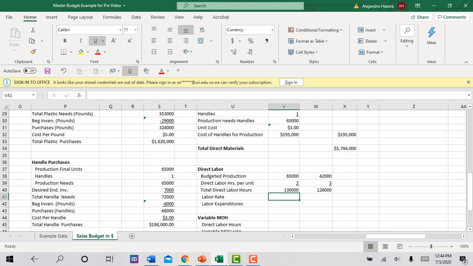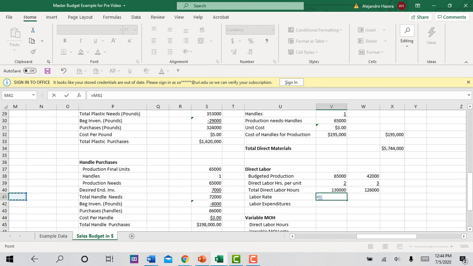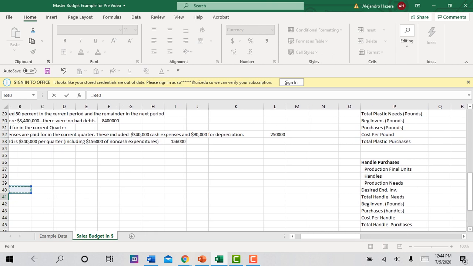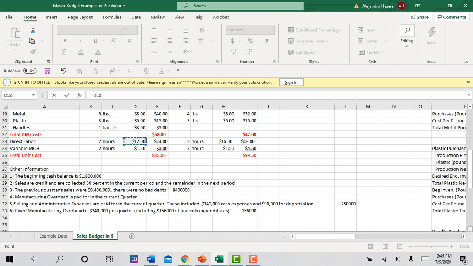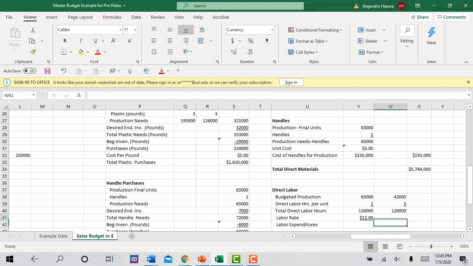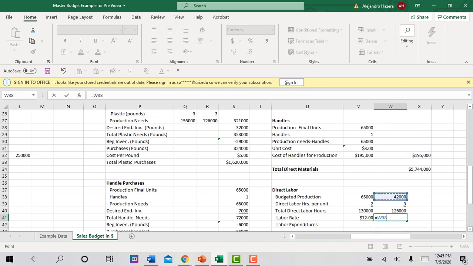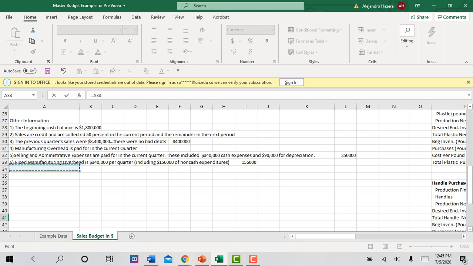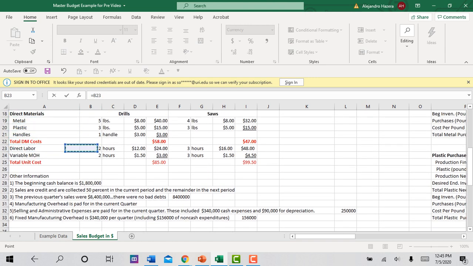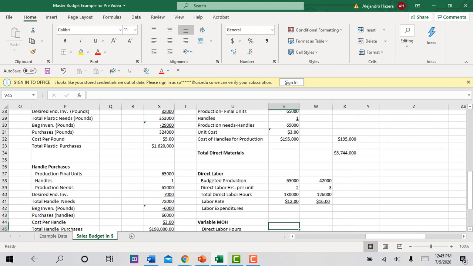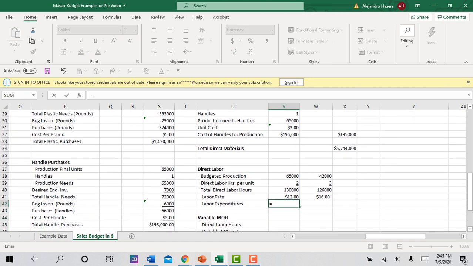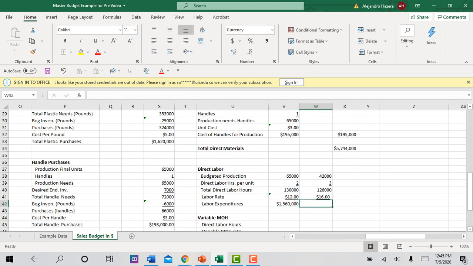Our direct labor rate for each one of these products is different. Our direct labor rate for drills is $12 per hour. Our direct labor rate for saws is $16 per hour. There's your cost cards. So our total labor expenditures for drills is $1,560,000.